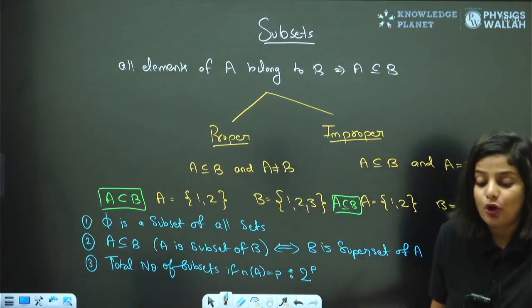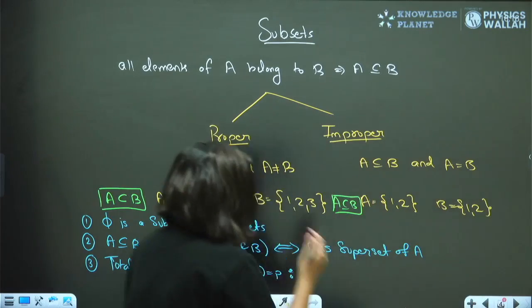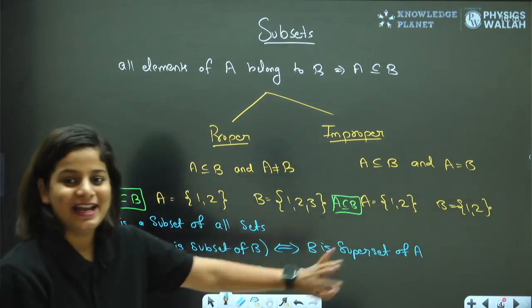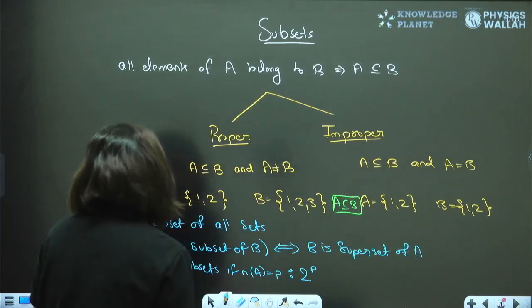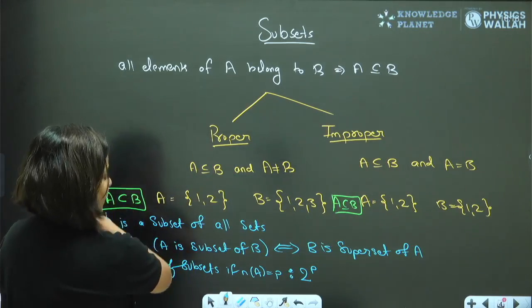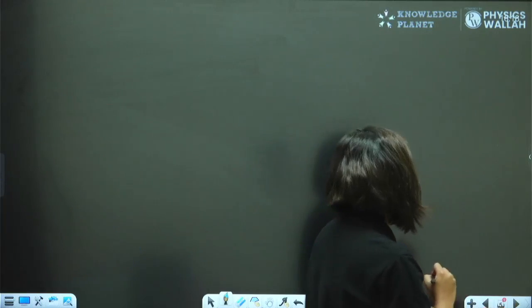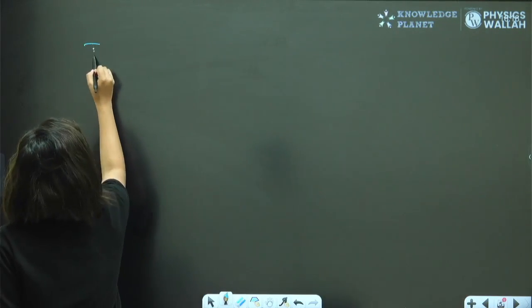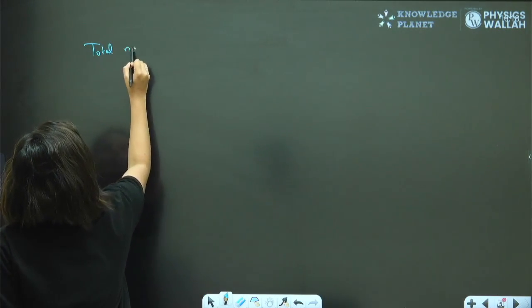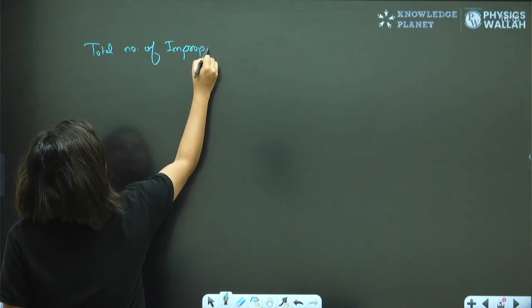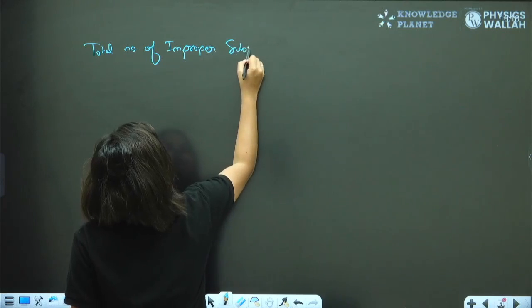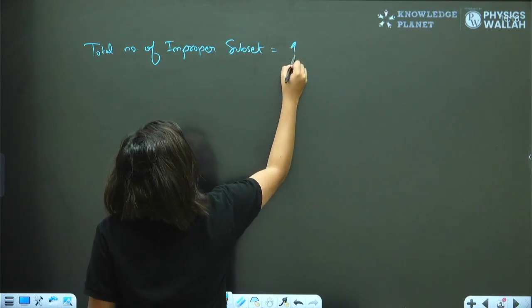Total number of proper subsets will be how much? And the total number of improper subsets? As you can see, there is only one improper subset available, so the total number of improper subsets is one, always.